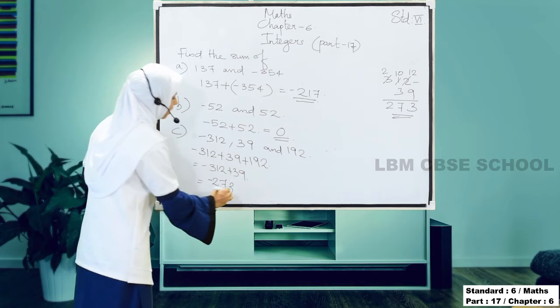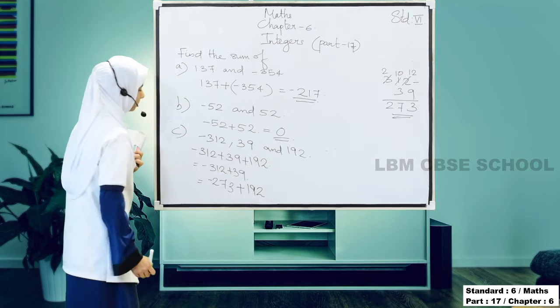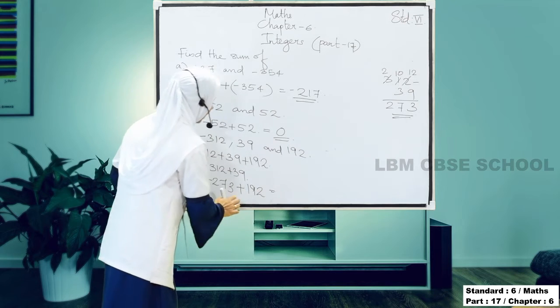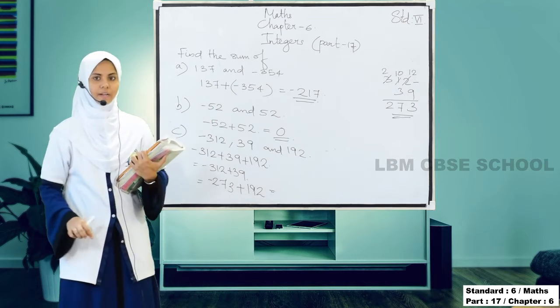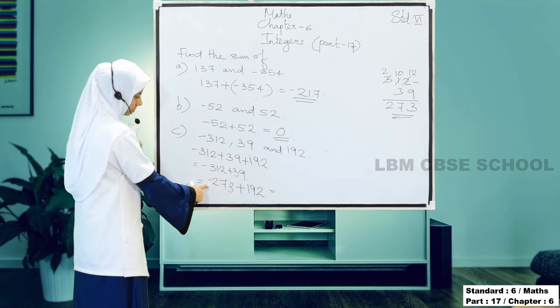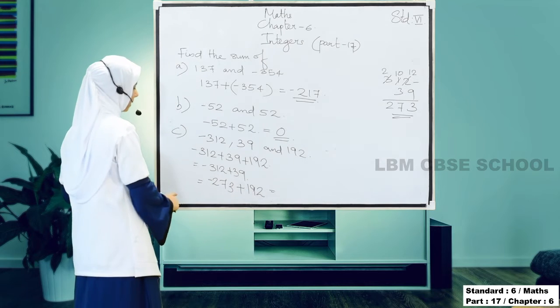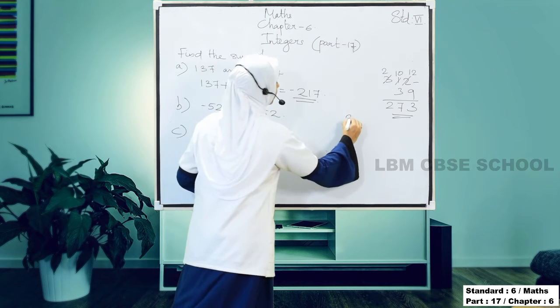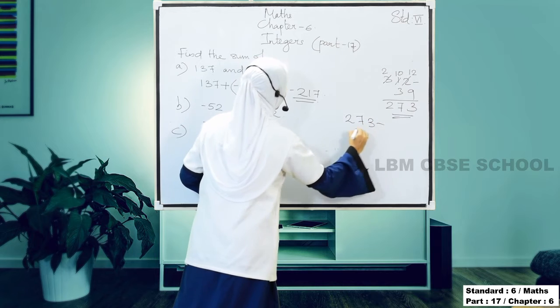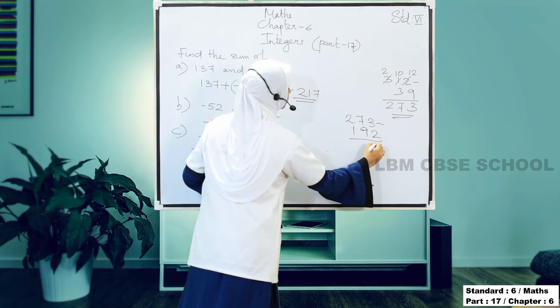Okay, then plus 192, this number. Then we add these two numbers, we will get the final answer. So here one is a negative number and one is a positive number. Then we have to subtract these two numbers. 273 minus 192. 3 minus 2 is 1.